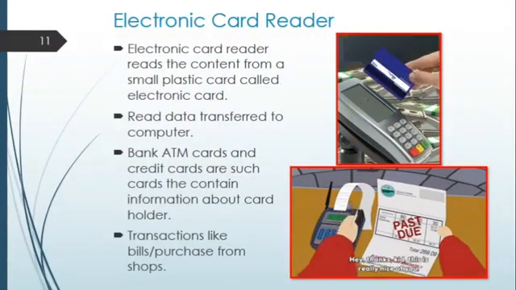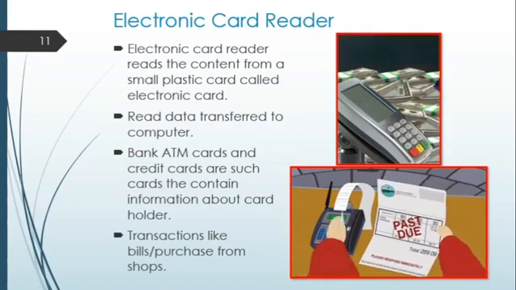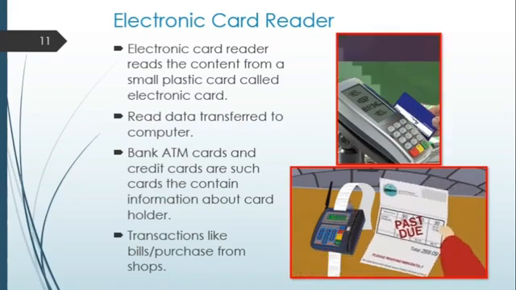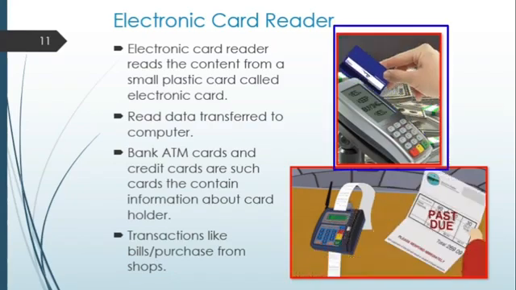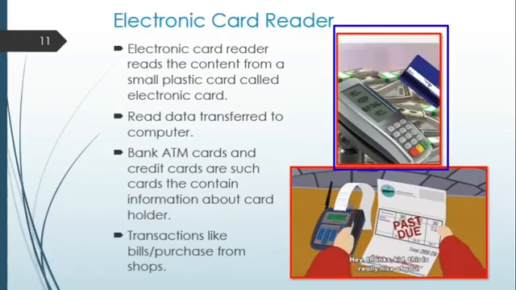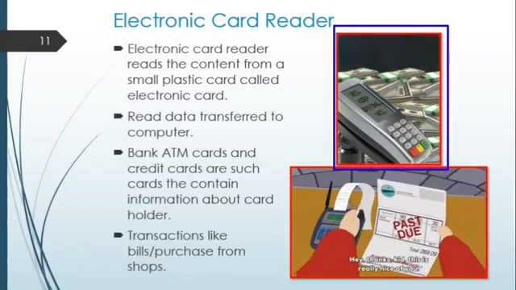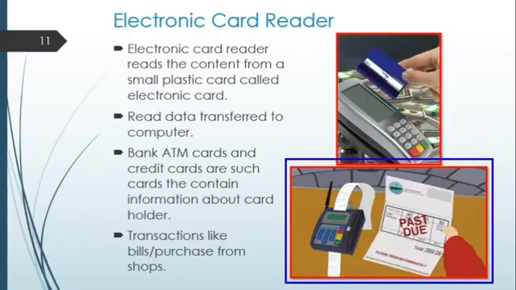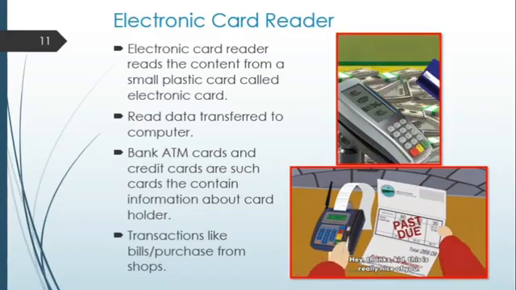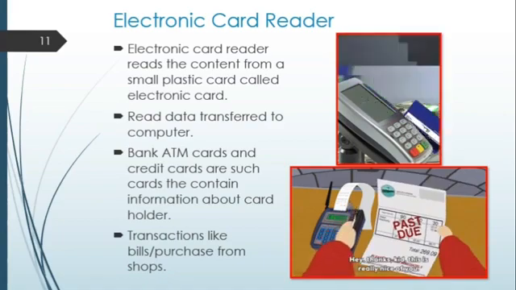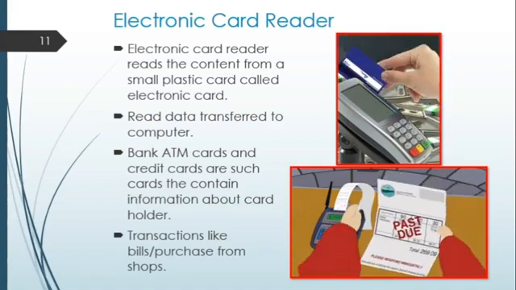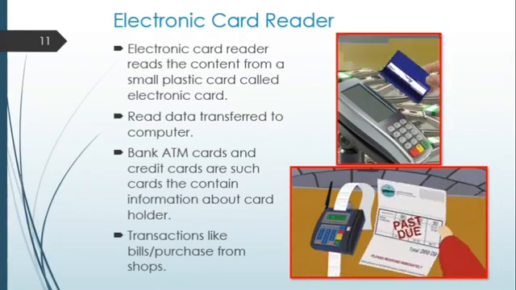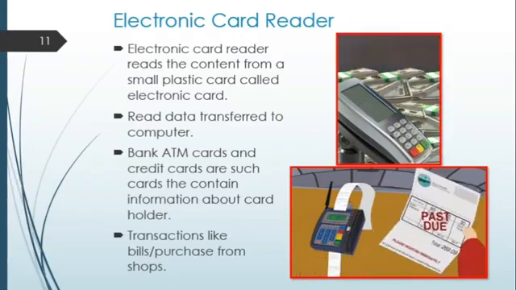Now, electronic card reader. An electronic card reader reads the content from a small plastic card called an electronic card. You are watching on the screen this person swiping the card. The read data is transferred to the computer. Whatever data is here is in a magnetic field in the black portion, and that data is read by the computer.